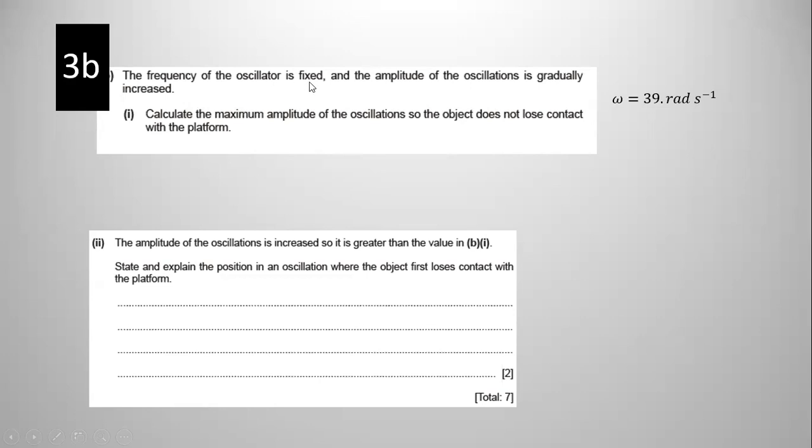The frequency of oscillation is fixed, and the amplitude of the oscillation gradually increases. Calculate the maximum amplitude of oscillation so the object does not lose contact with the platform. What should I do? As long as it doesn't lose contact, the acceleration must be equal to g.